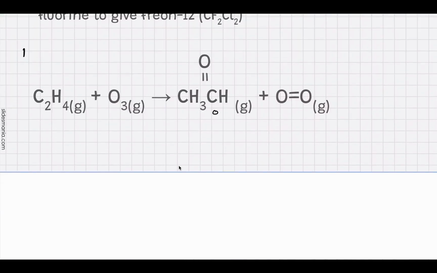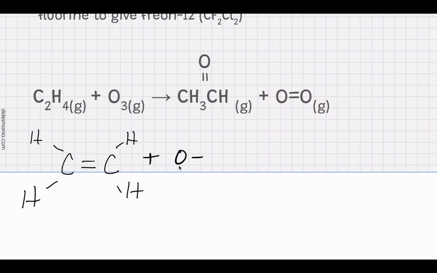So this one here, it is very important that you can draw these out so that you can understand what type of bonds are being broken. So the first one is going to look like this. And then plus the ozone, O3. I'm not going to put my lone pair electrons in there or anything. So those are my reactants, and then those are the bonds that'll have to be broken.